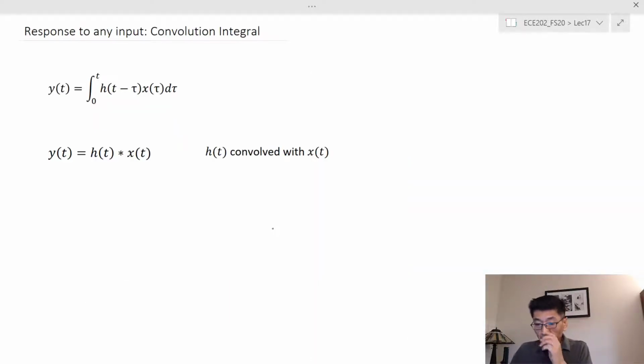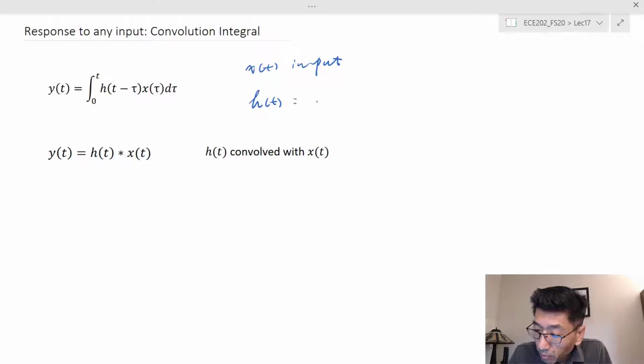So we were looking at the impulse response and also the step response, right? So what if you have any type of response? So x(t) is the input, and you can do this by integrating with h(t), the impulse response.